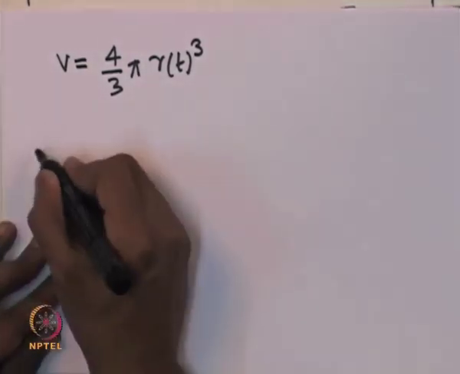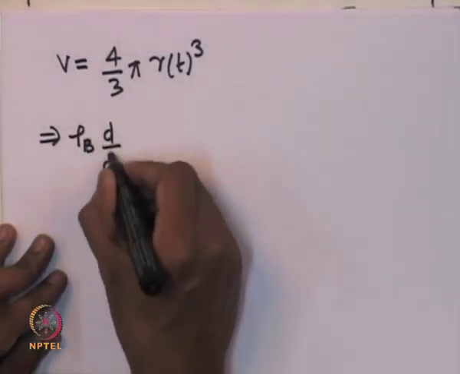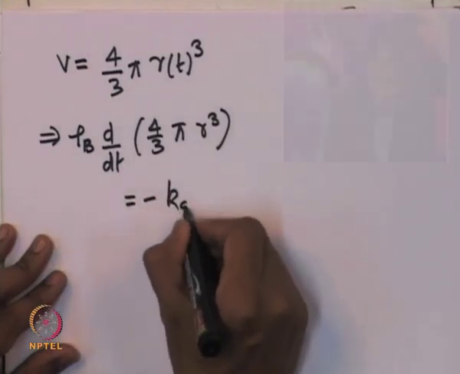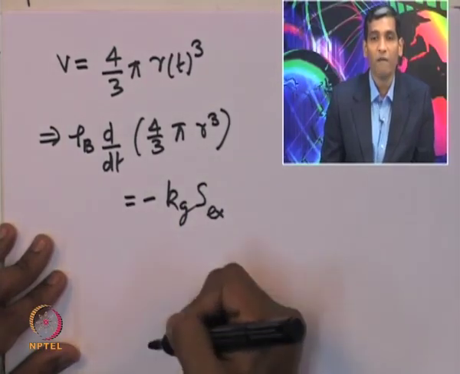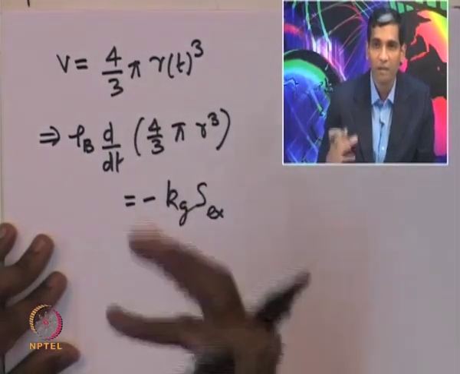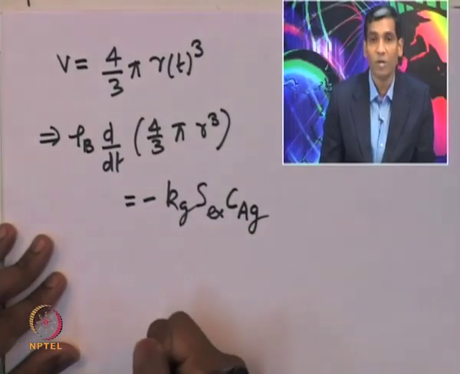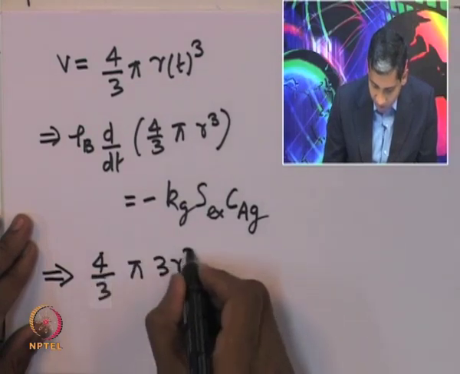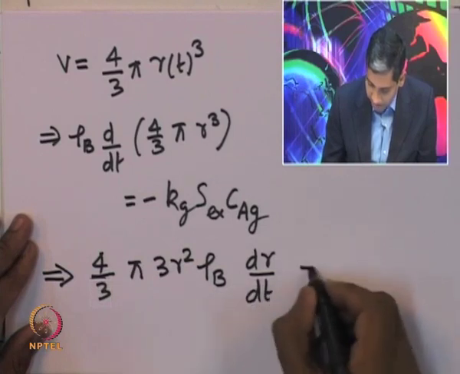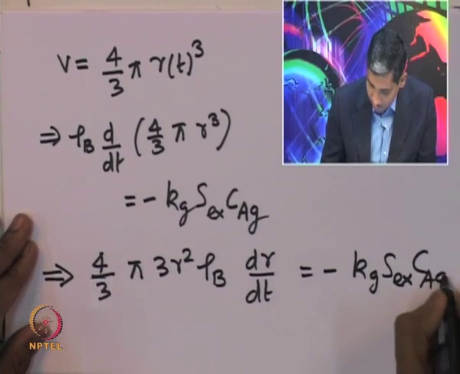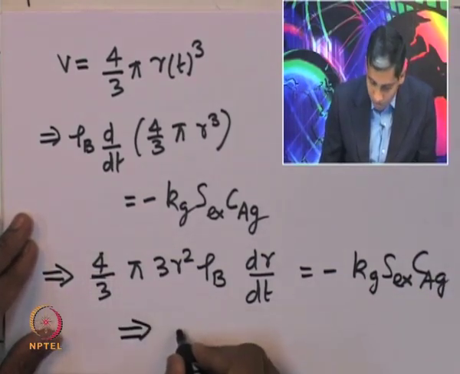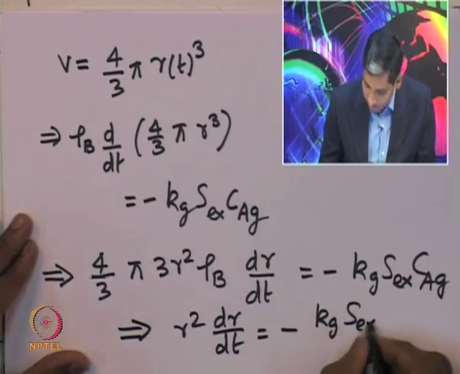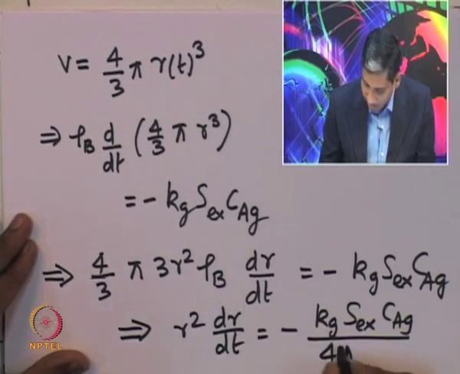Now, if we plug this expression into the mole balance, we find rho b d by dt of 4 by 3 pi r cube, where r is a function of time, equal to minus kg, which is the mass transport coefficient, into the external surface area of the initial spherical particle, multiplied by the bulk concentration of this reactant species A. That can simply be rewritten as 4 by 3 pi into 3 r square rho b dr by dt equal to minus kg CAG, that is, r square dr by dt equal to minus kg into CAG divided by 4 pi rho b.